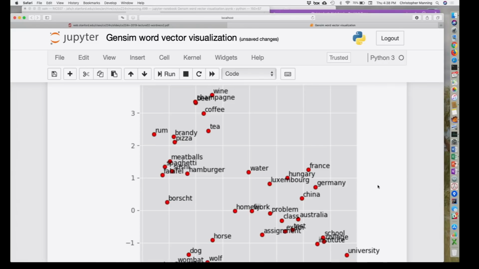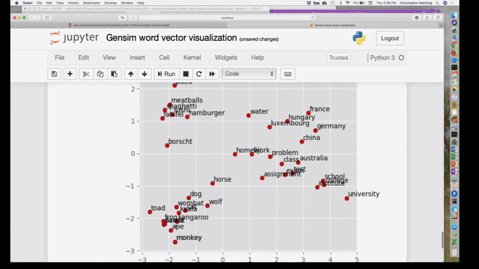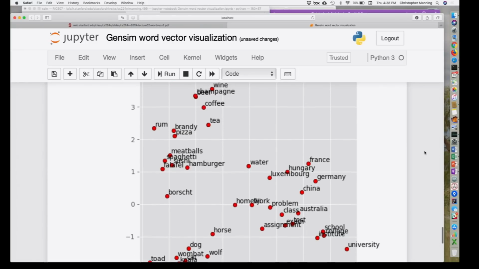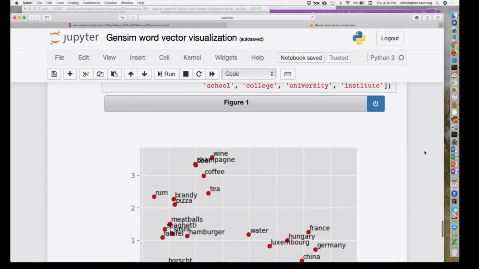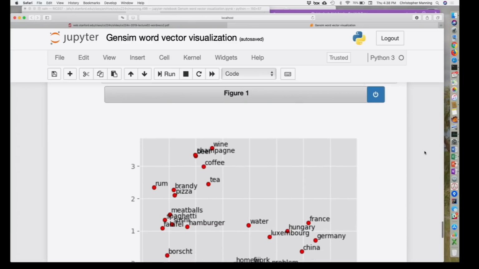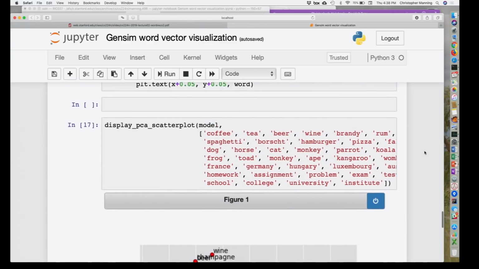And it works pretty well, right? I've got the wine, champagne, beer up here, then the coffee and tea. Here are the countries. Here are the schools, college, institute, universities. The animals are down here. Foodstuffs there. So this really does work with this two-dimensional display. It basically shows you similarity.